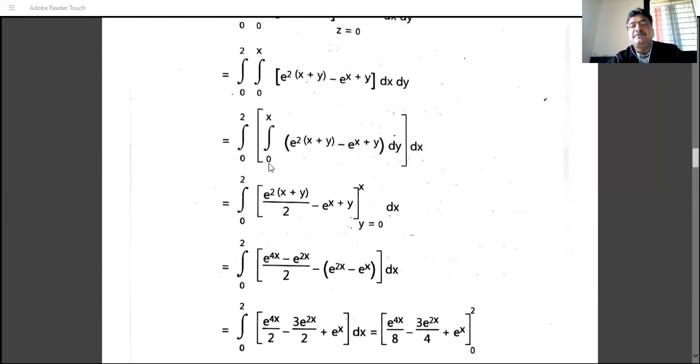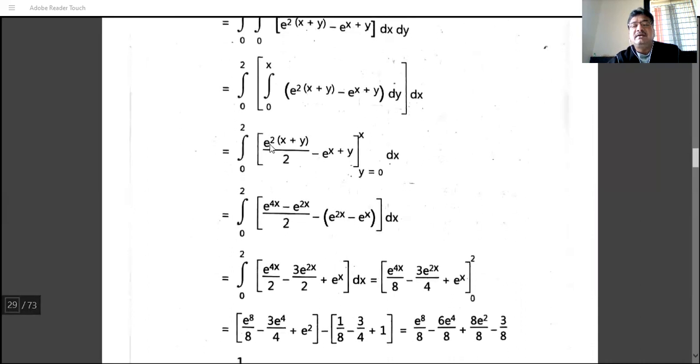Then integration with respect to y, from 0 to x. e raised to 2x is now constant, and 2y, so divide by 2. For e raised to x plus y, the integration is e raised to x plus y divided by 1, because the coefficient of y is 1. Here the coefficient of y is 2, so divide by 2.